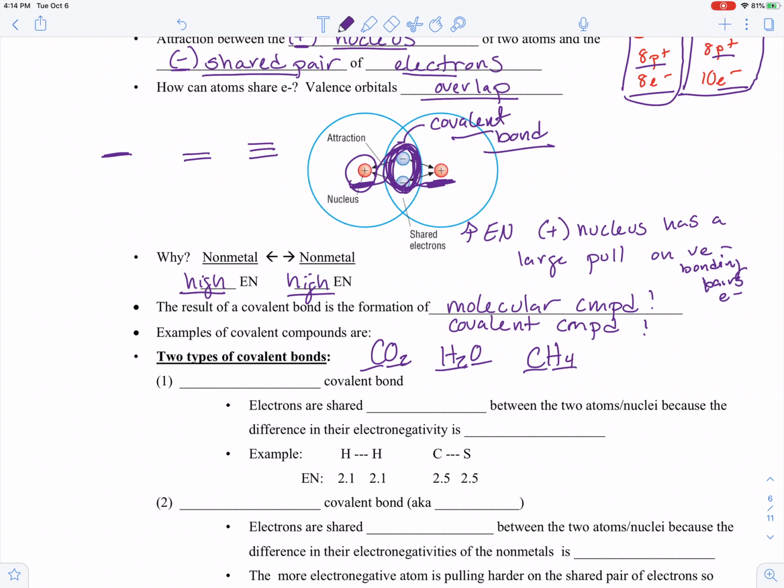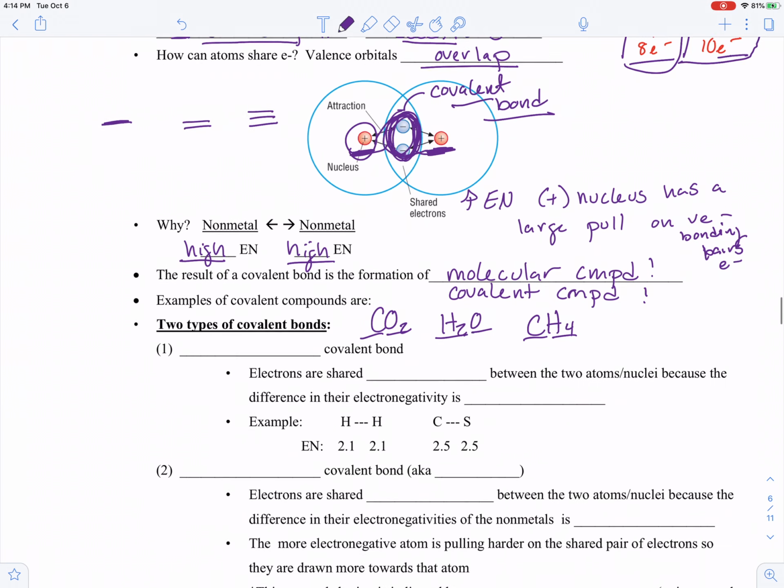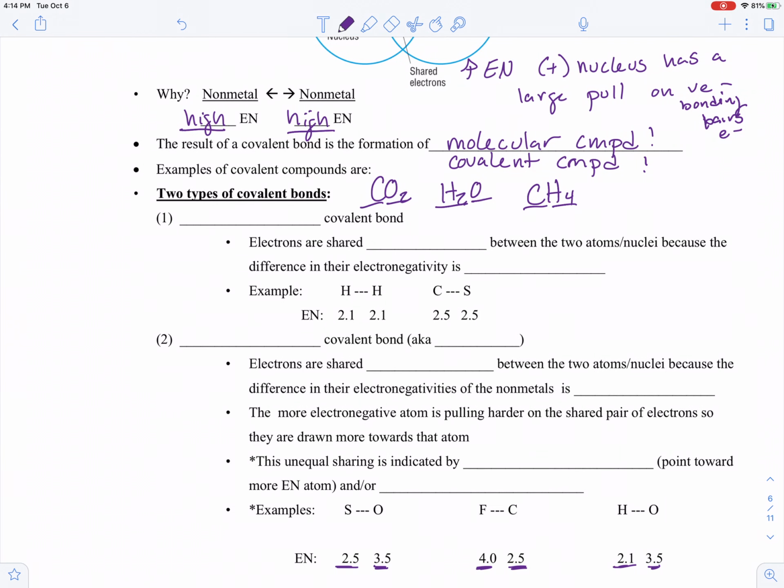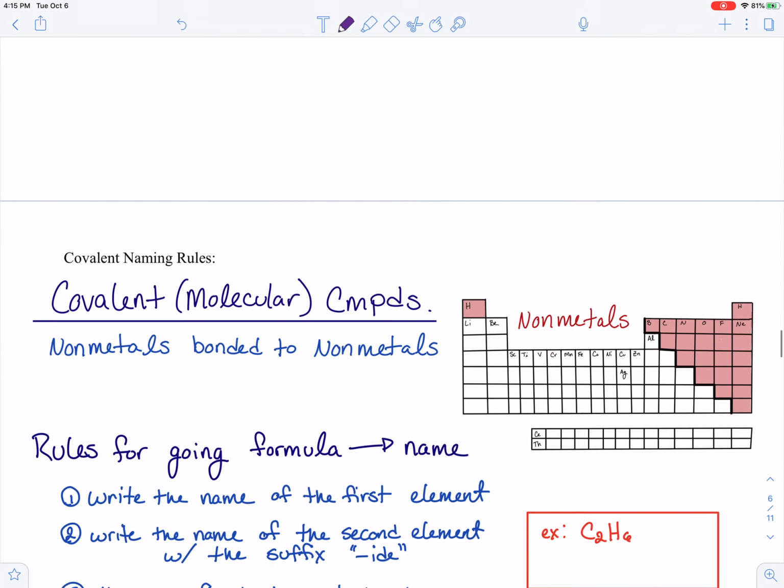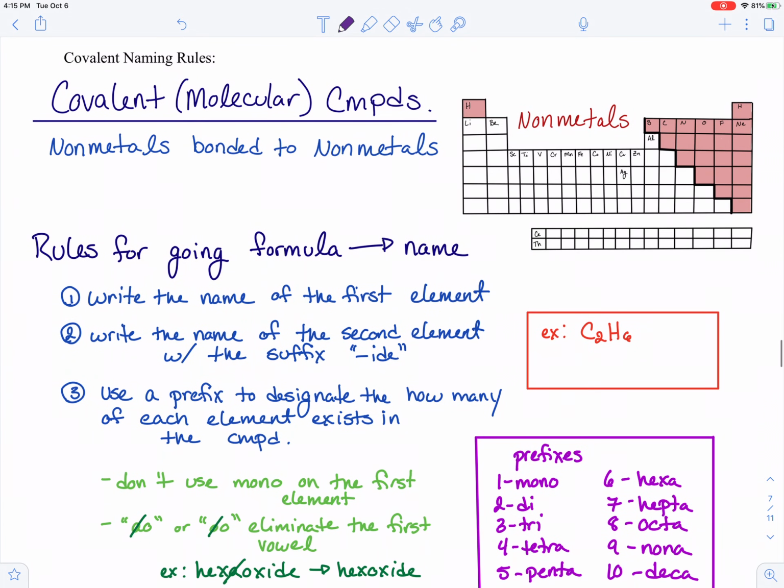So these are all examples of covalent compounds or molecular compounds. We're not going to get into types of covalent bonds today. There are nonpolar covalent and polar covalent, but we'll talk more about those probably in quarter 2. So I'm just going to leave that blank for now, and we're going to move on to how do we name covalent compounds.